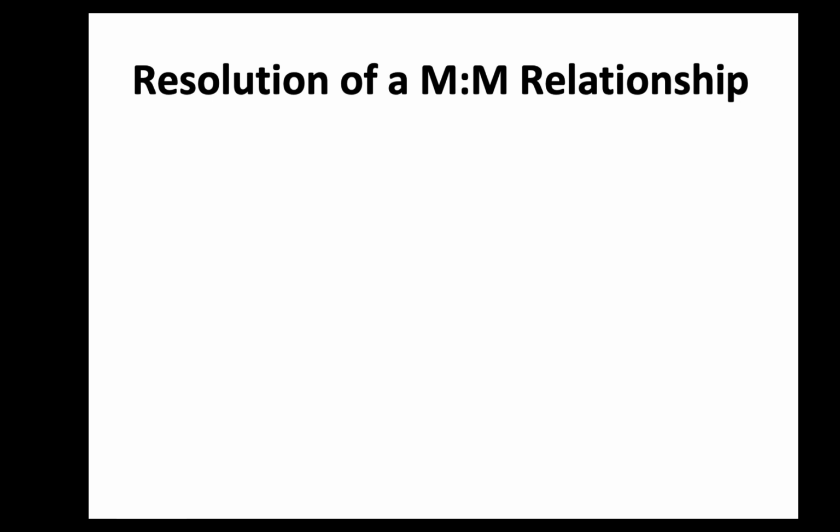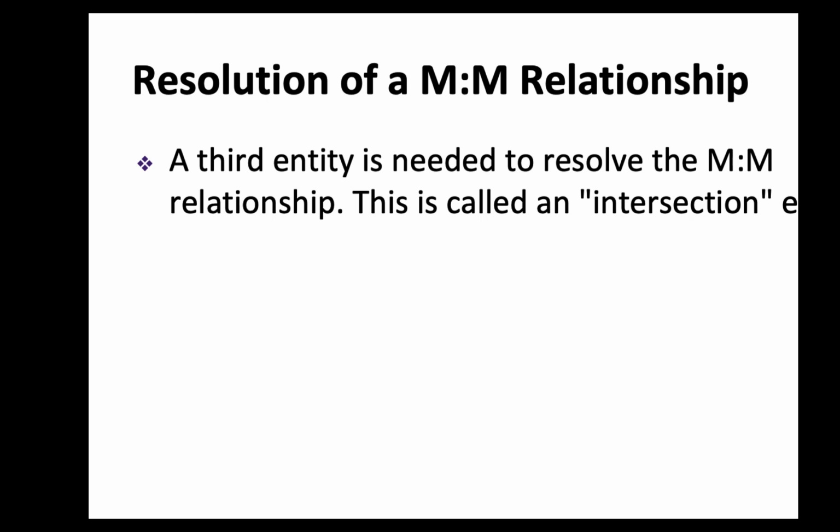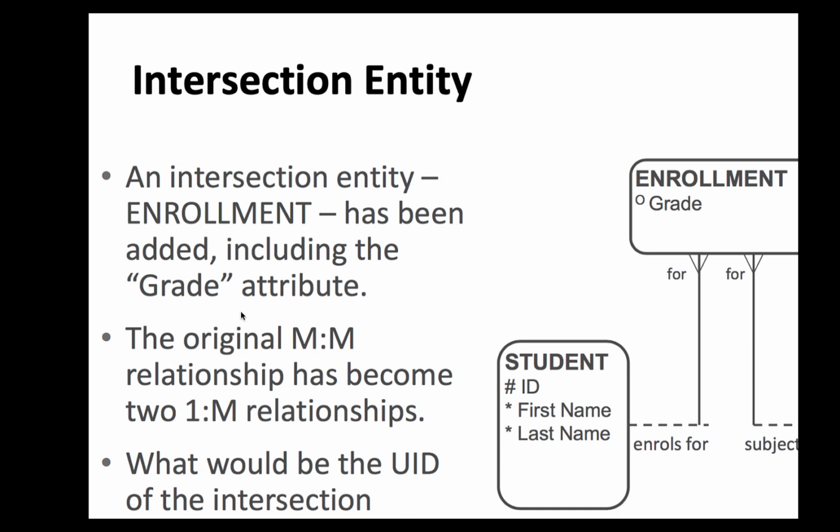Okay. So we have to resolve many-to-many relationships. It means that a third entity is needed. To resolve the many-to-many relationship, this is called an intersection entity. So we will create another entity named enrollment, right? And it would contain one attribute, grade. Other attributes could be semester information.